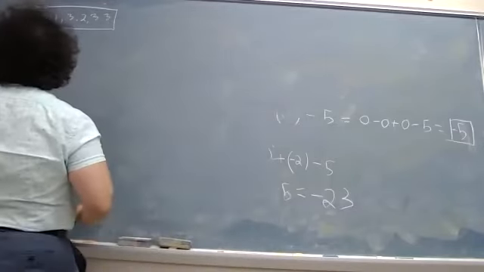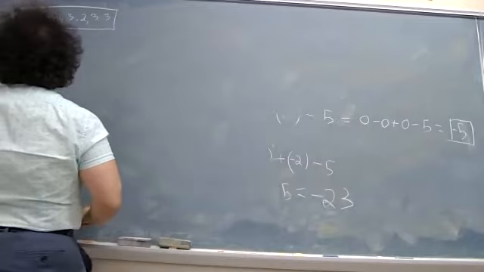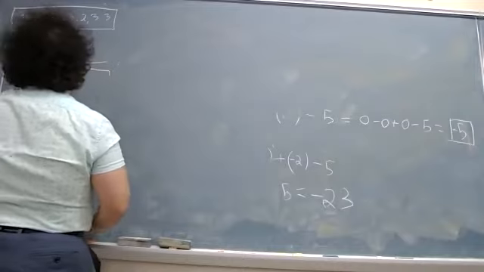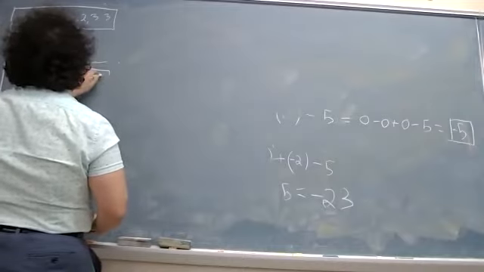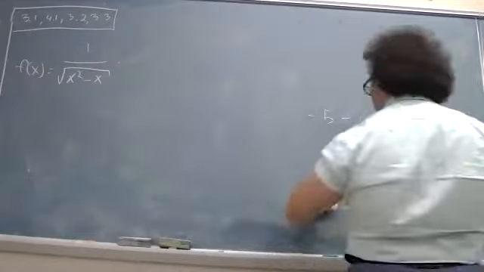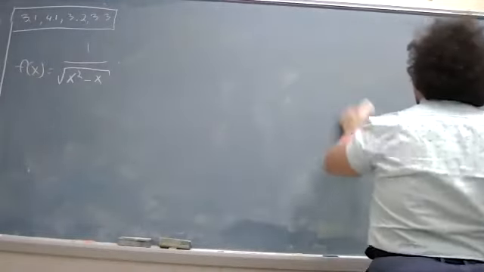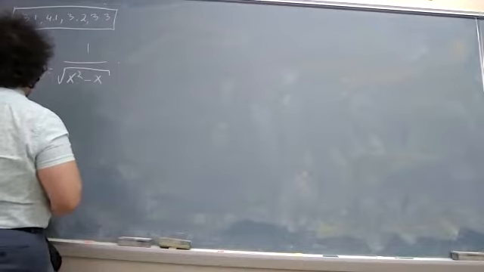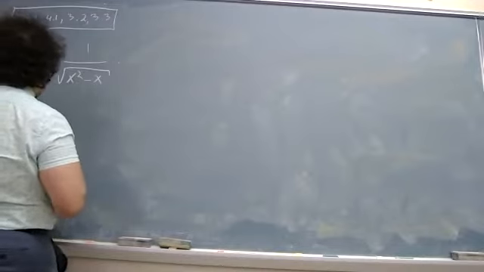Let's do a different function. Let's do f of x is equal to 1 over the square root of x squared minus x. Let's evaluate the function at f of 3.